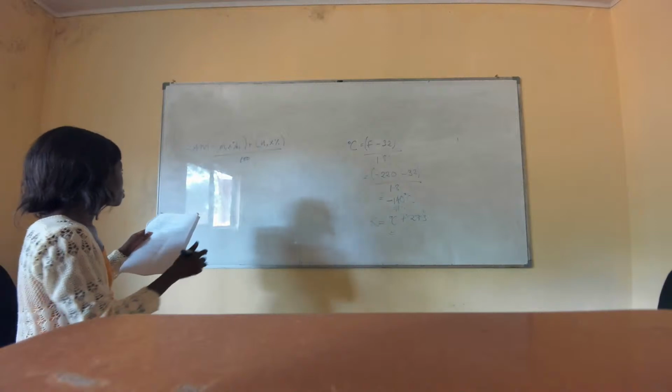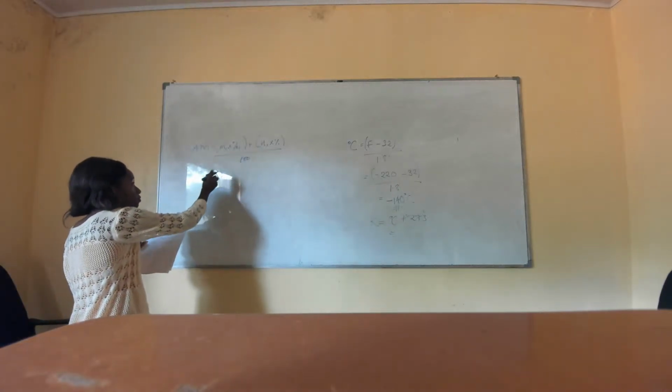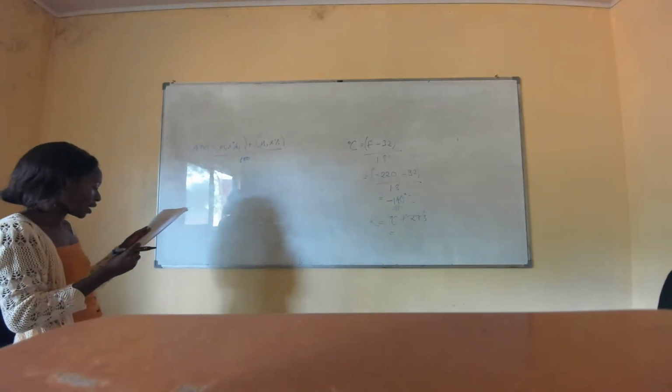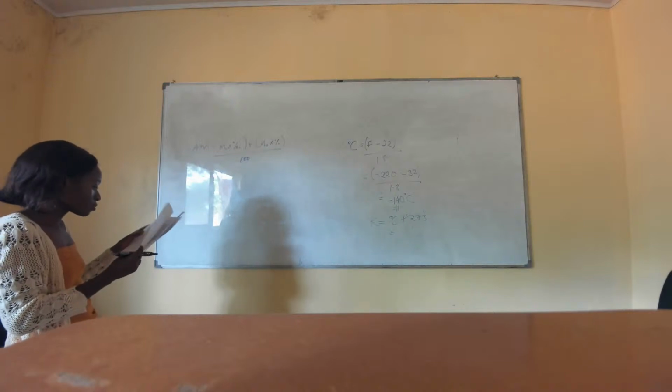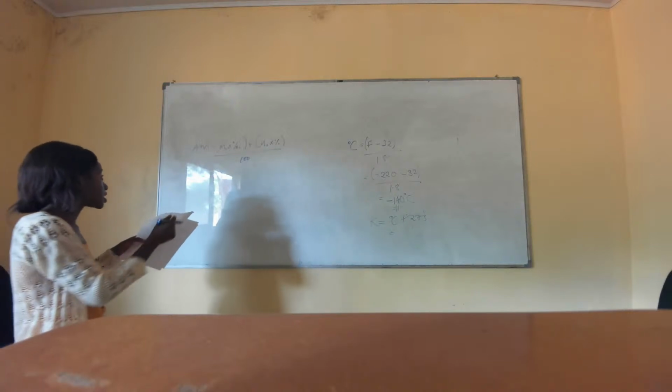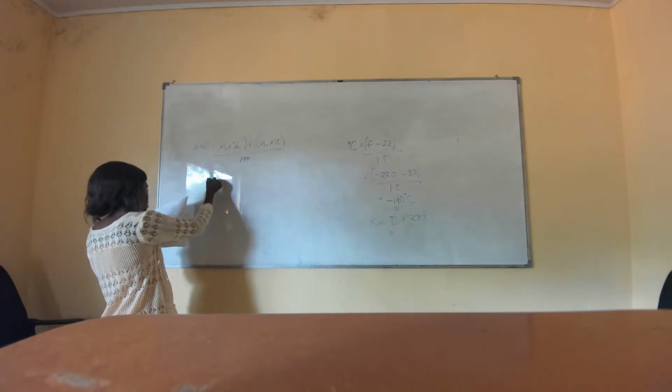Okay, so this was how we were supposed to solve this question. You just multiply, then divide by 100%. So from here, we substitute for the first one, which was 63.